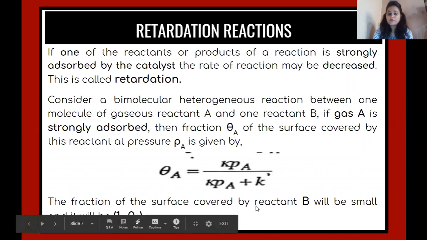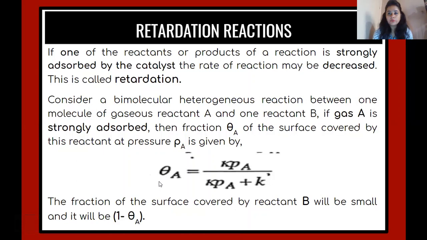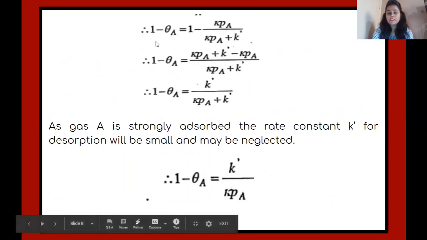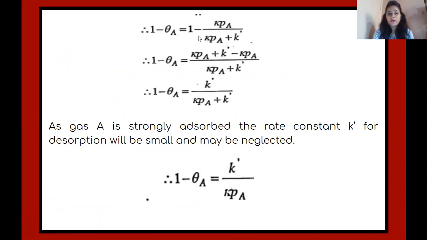Now the fraction of surface covered by reactant B will be the space left by A. So we have only 1 minus theta A space that will be uncovered or bare, wherein gas B can get adsorbed. So 1 minus theta A is nothing but theta B, the surface wherein the B gas molecules can get adsorbed. Placing the value of theta in this equation, 1 minus Kpa upon Kpa plus K dash becomes Kpa plus K dash minus Kpa upon Kpa plus K dash.